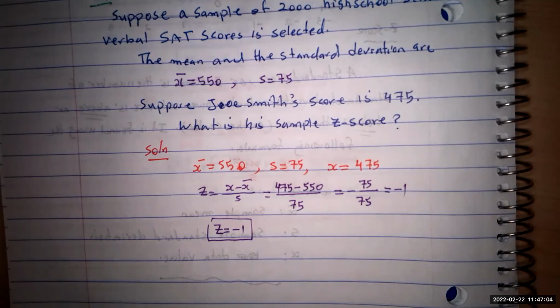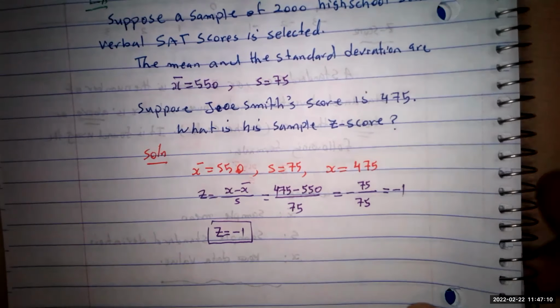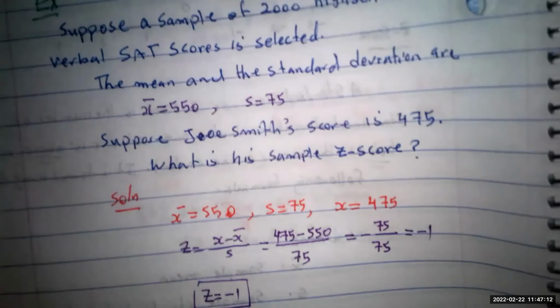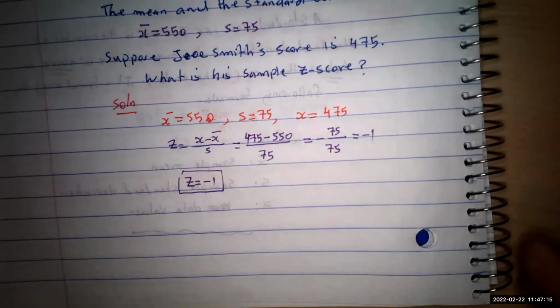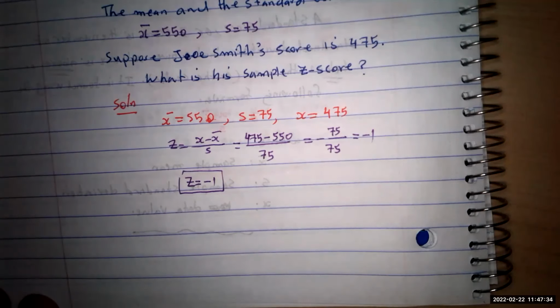Yes, ordinary value. You see, Z equal to -1 means his score is one standard deviation below the mean. When you talk about the Z, it's in terms of the standard deviation. So you always go with the standard deviation. Remember, this is a portion of the standard deviation. So yes, this is an ordinary value, but the meaning of -1 is one standard deviation below the center.